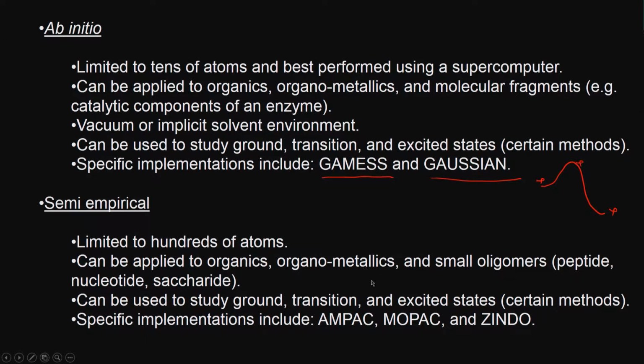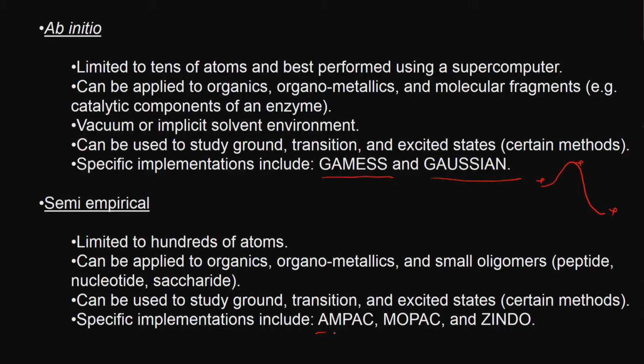If you really want to look at small changes, for example between different enantiomers, I would not recommend this; I would recommend the ab initio method. Many semi-empirical methods you will come across: AMPAC, MOPAC, ZINDO, AM1, PM3. You will use these as you go along.